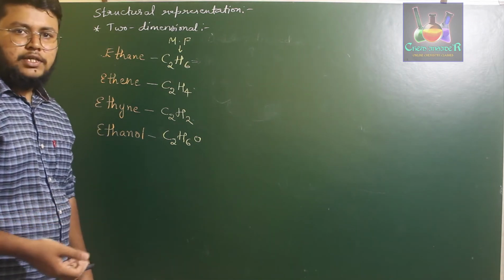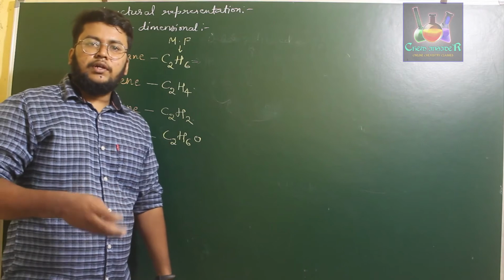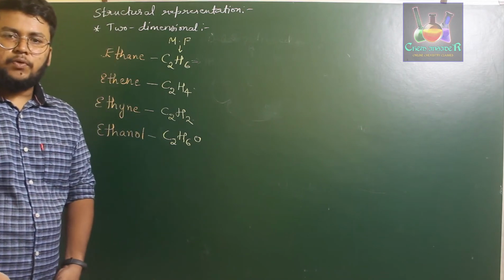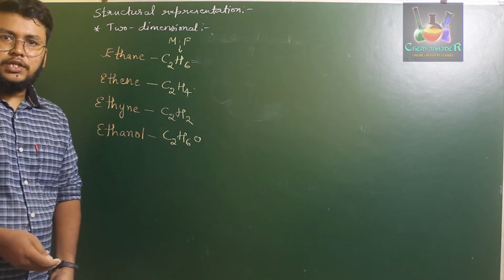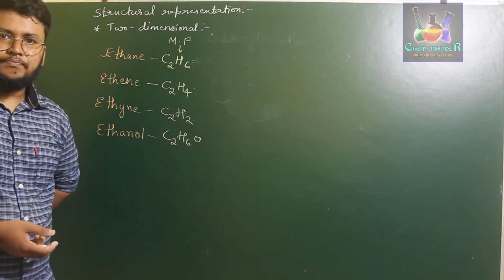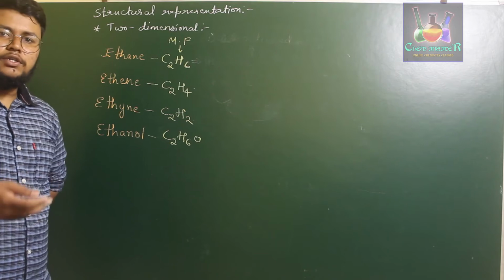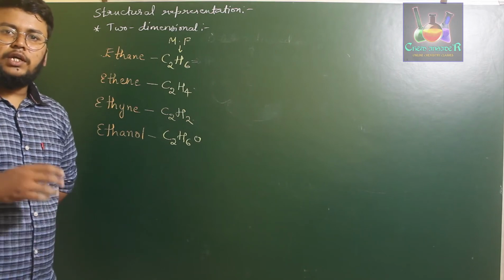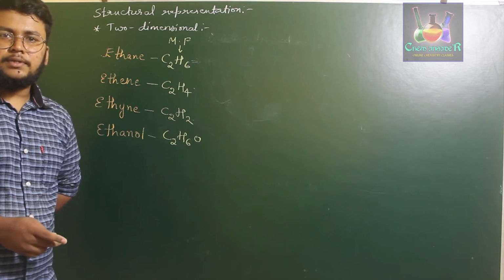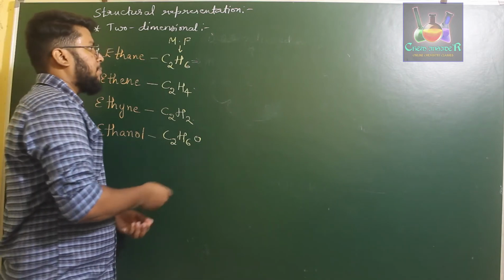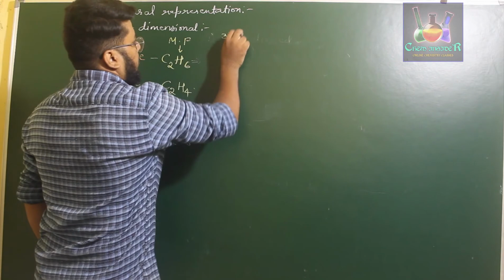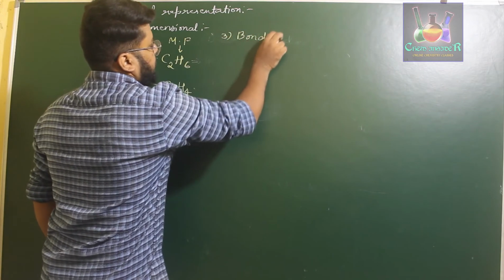Therefore, scientists further condensed the condensed representation into a bond line structure, where instead of ignoring the bonds, we ignore the carbon and hydrogen atoms present in the given organic compound. So that is the third type of representation, called the bond line representation.